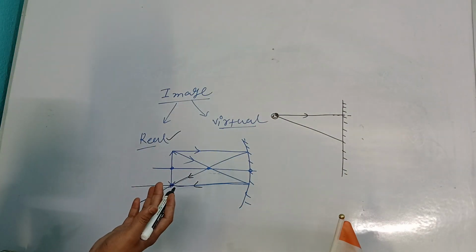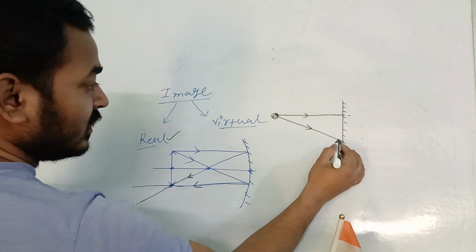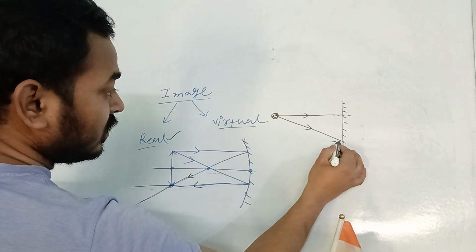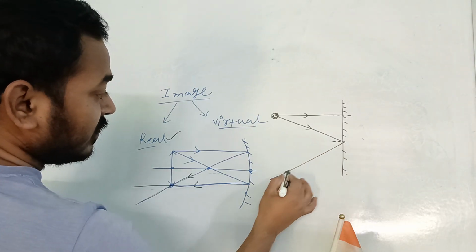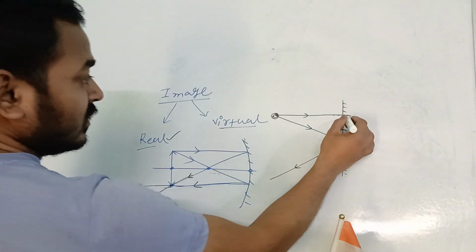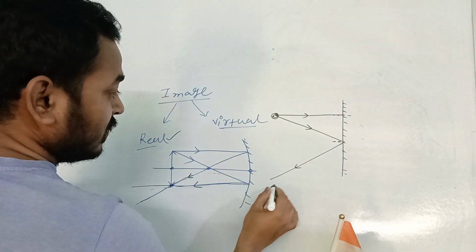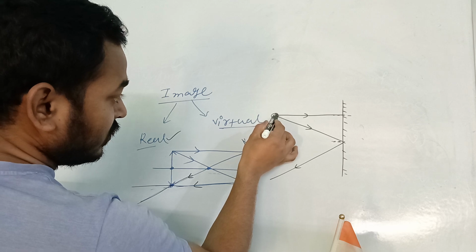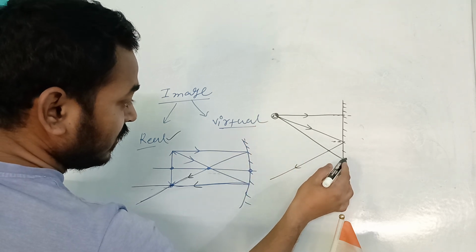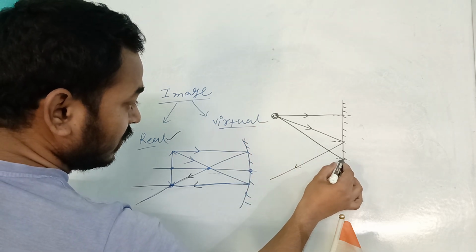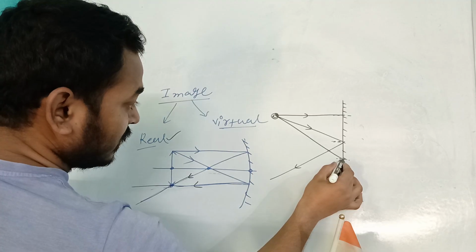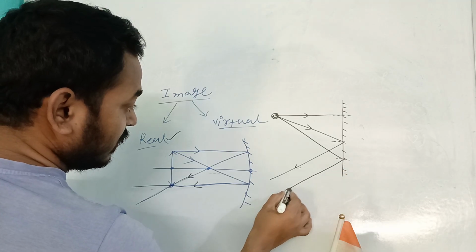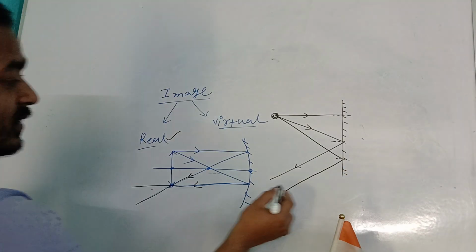Angle of incidence and angle of reflection are the same. Now I am taking another ray, and again angle of incidence and angle of reflection are the same, so it is coming like this.